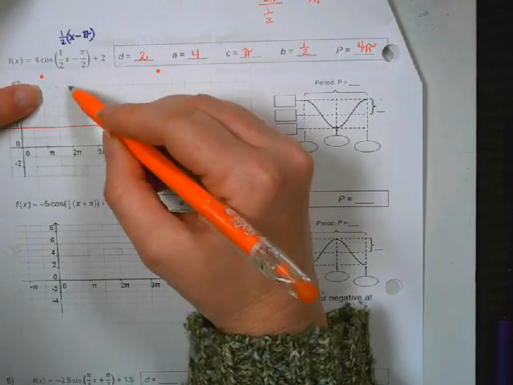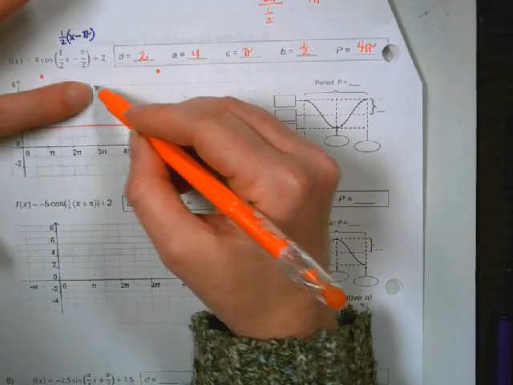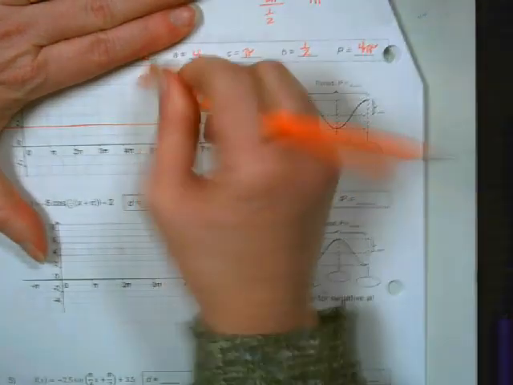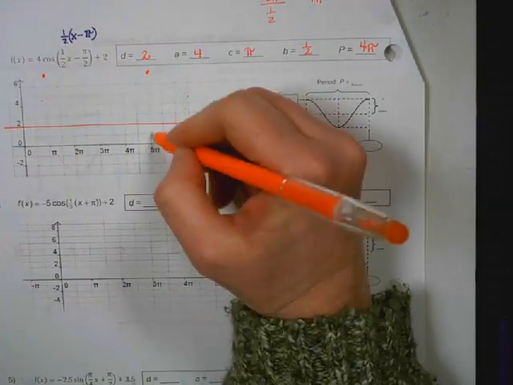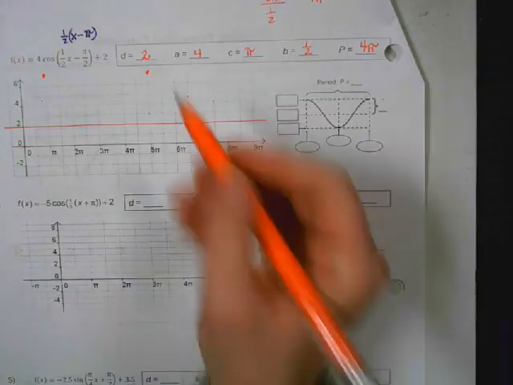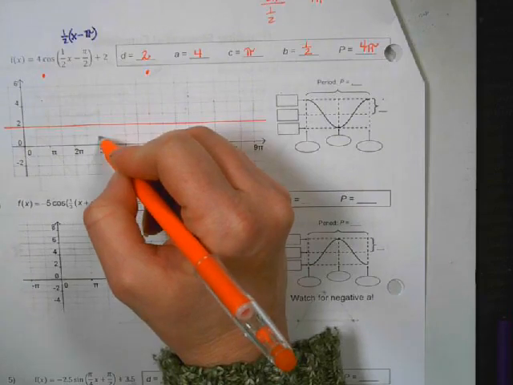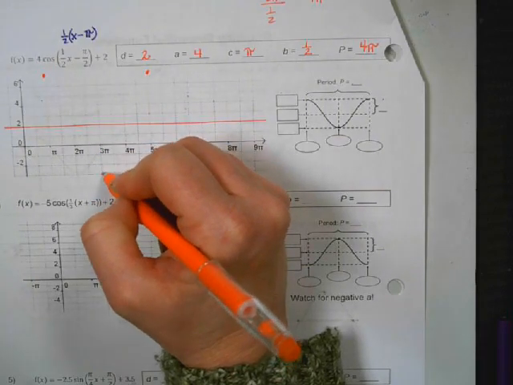Hold on. I did it to go 1 too far. I'm trying to figure out what line it's on. There it is. 5. Okay. So halfway between is 3. It should be a valley. 1, 2, 3, 4. Okay.